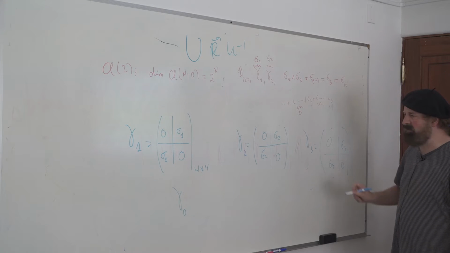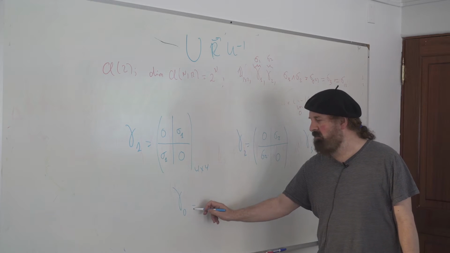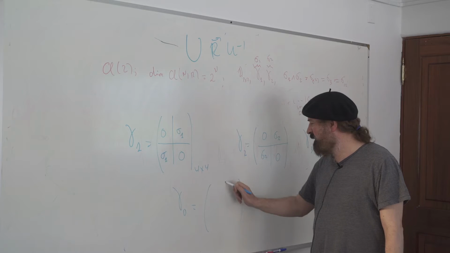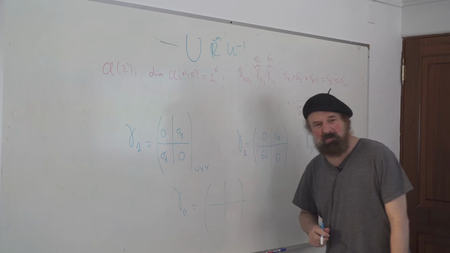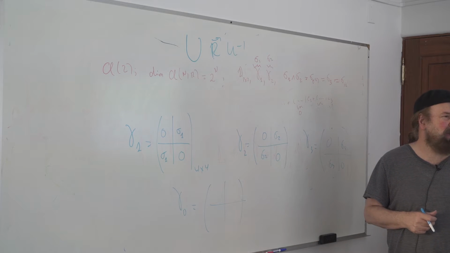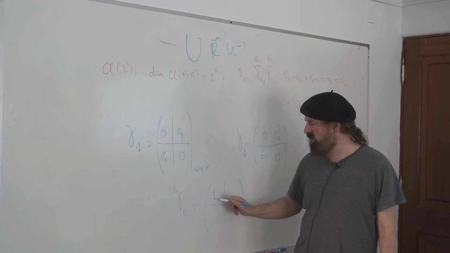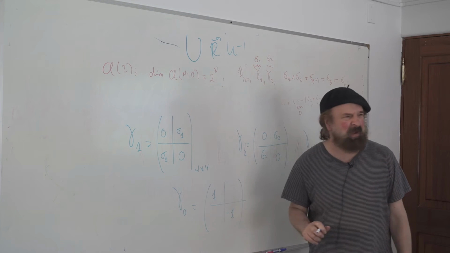Okay, and then with the gamma 0, if I remember correctly, I think you want to have a traceless matrix, right? Yes, with sigma. You may have the unit matrix here and then the -1 here, if I'm correct.